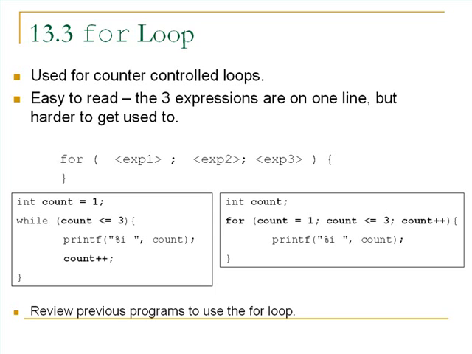So in these 2 boxes we have a counter-controlled while loop on the left and the equivalent for loop on the right. In the for loop, you must have inside of the parentheses 3 expressions separated by 2 semicolons.